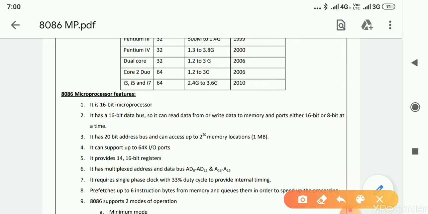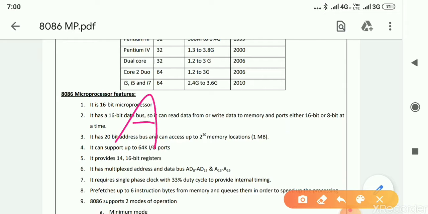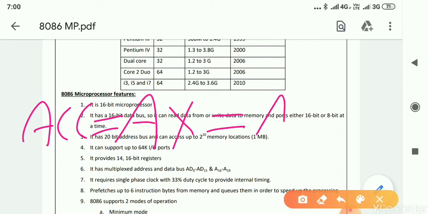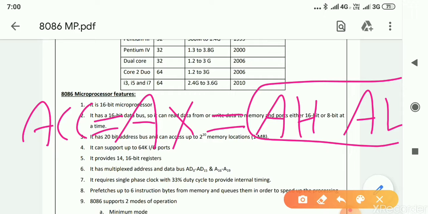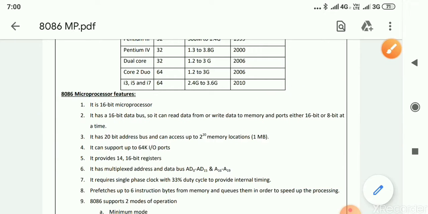AX is nothing but the accumulator, and similarly it can be written as AH, higher, and AL, lower. If we combine these, it will be 16 bit. This is 8 bit and this is 8 bit. So the size of the ALU will be 16 bit.